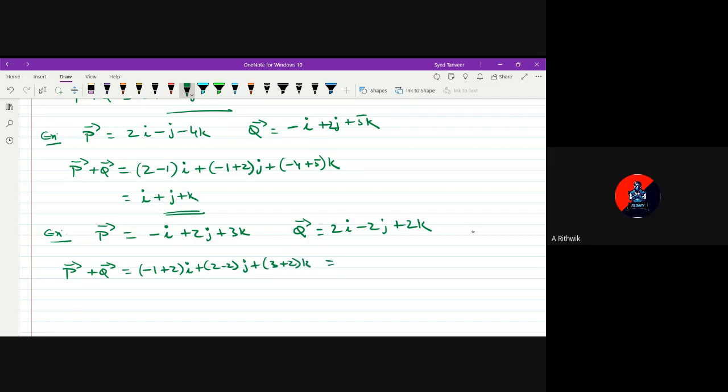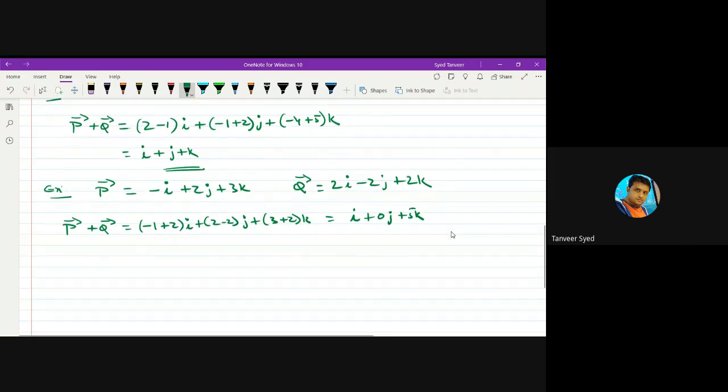We can directly cancel plus 2j and minus 2j. As there is no magnitude along the j direction, we don't write it. So P plus Q is i plus 5k.